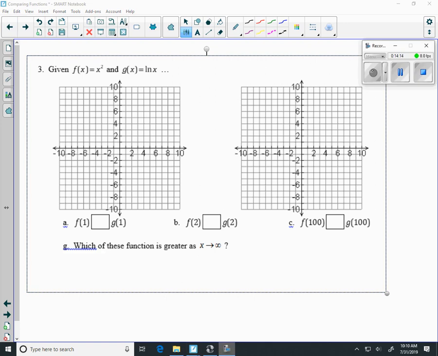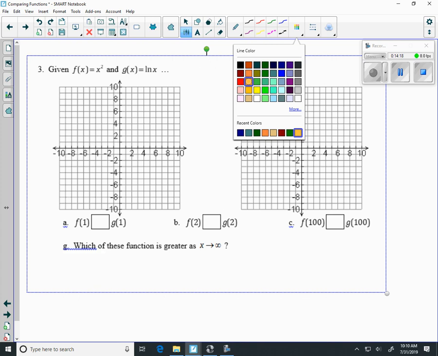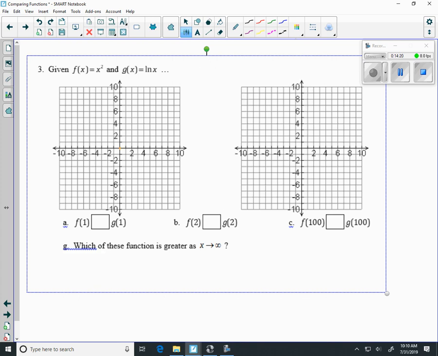One more. Here we're comparing x squared and ln of x. X squared we've done already on these notes, so it should be a quick graph. Ln of x, remember, has a vertical asymptote at x equals 0.